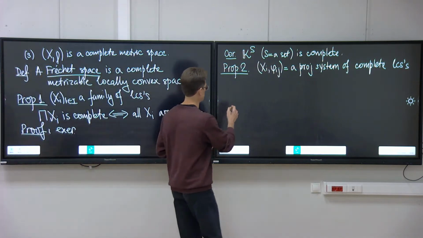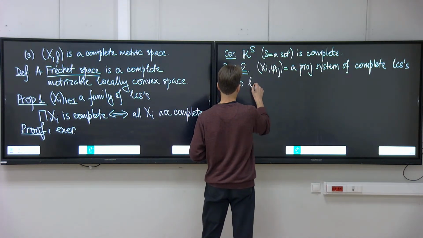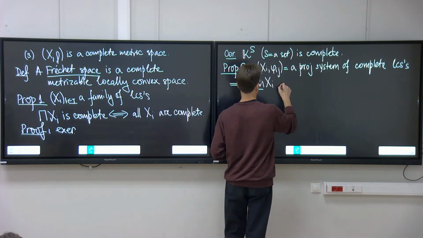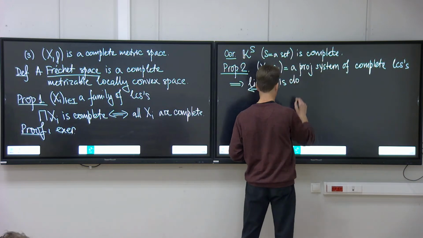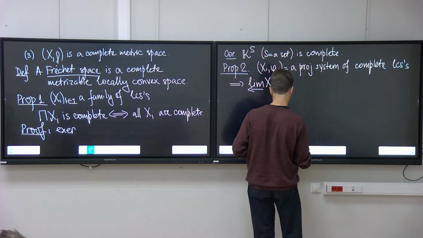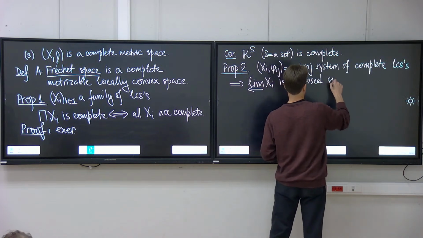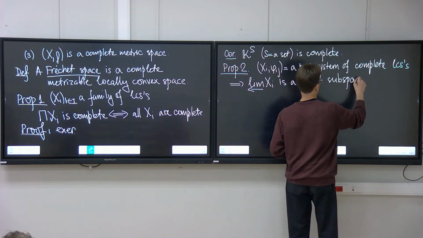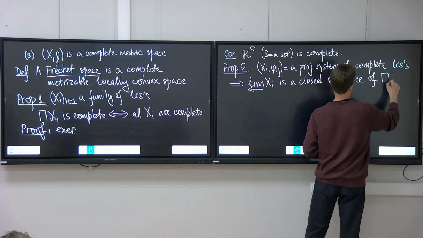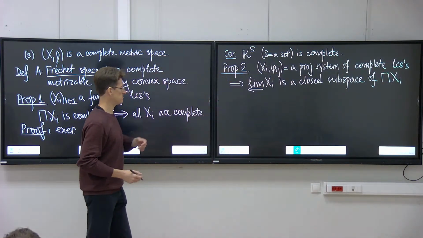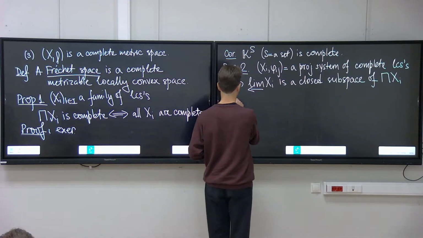So I claim that this vector subspace is actually closed in the product. And since we already know that the product is complete, we conclude that the projective limit is also complete.